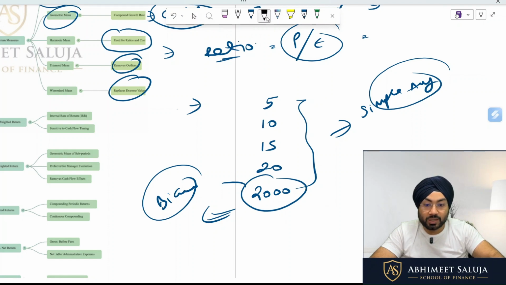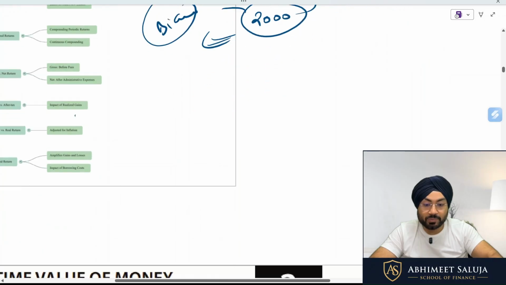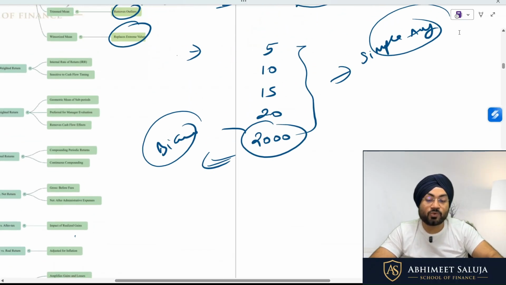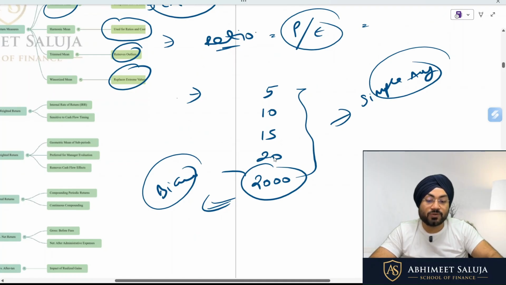How will you calculate the trimmed mean? In a trimmed mean, it is 5 plus 10 plus 15 plus 20, divided by 4. In the arithmetic mean, what we did is 5 plus 10 plus 15 plus 20 plus 2000, divided by 5. In the trimmed mean, you just eliminate the 2000 value.